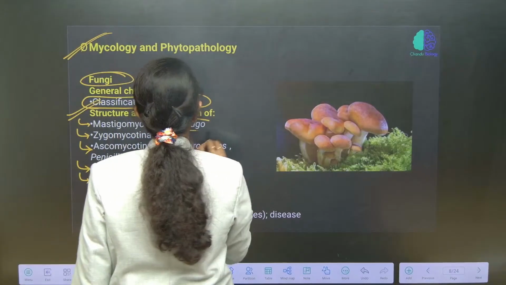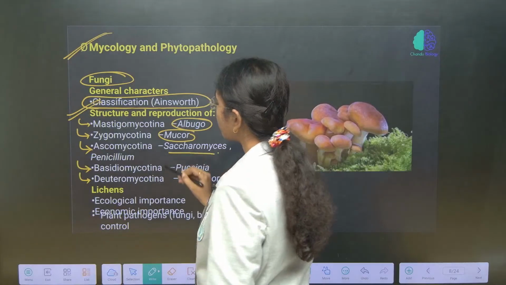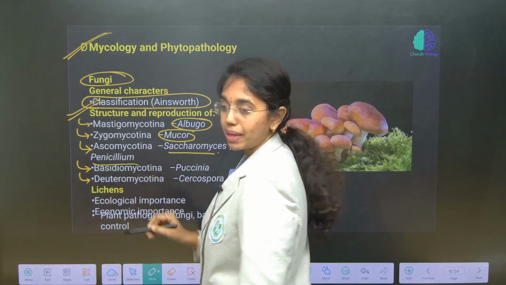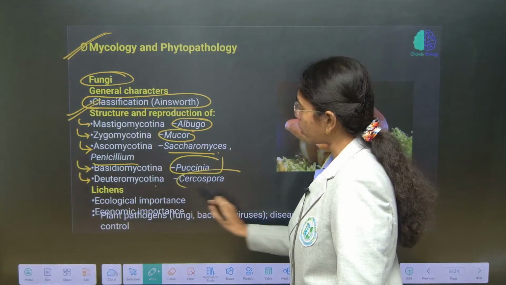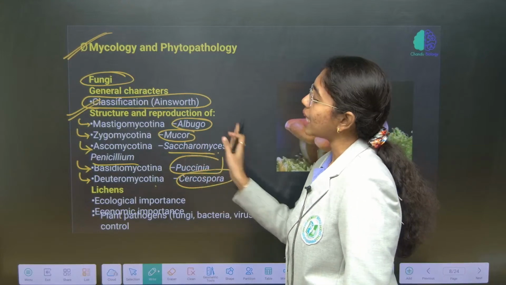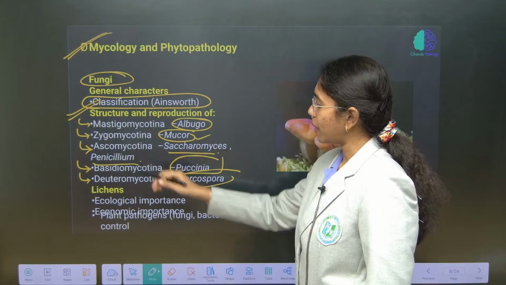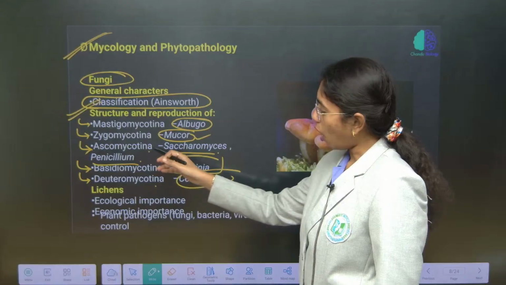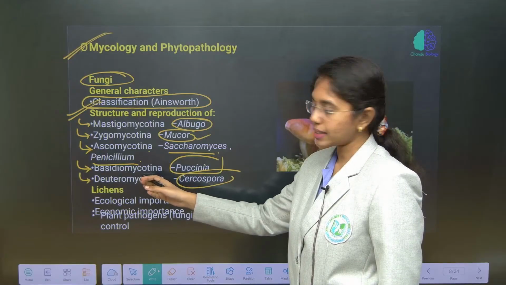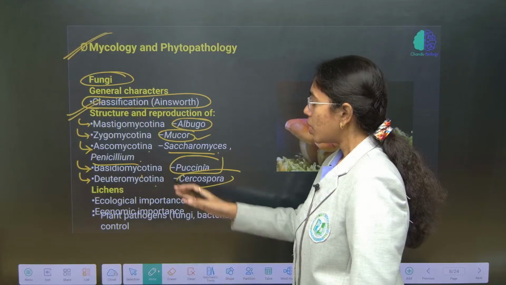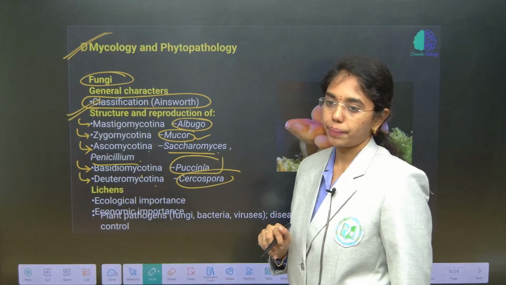Mastigomycotina example is Albugo, Zygomycotina, Mucor, Ascomycotina, Saccharomyces and Penicillium, Basidiomycotina, Puccinia you have to go through, Deuteromycotina, Cercospora. Please look at the other examples also, like Rhizopus, Saccharomyces, Penicillium, Neurospora. All this comes under what? Ascomycetes. Puccinia, Lycoperdon, these are examples of Basidiomycotina. So look into the other examples also, but type studies of these are mandatory.